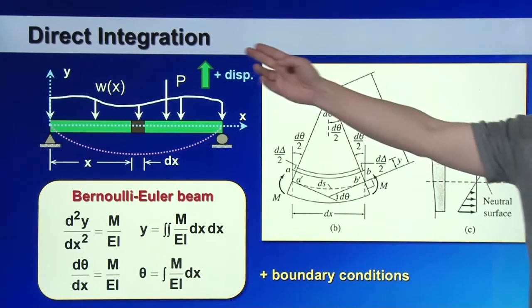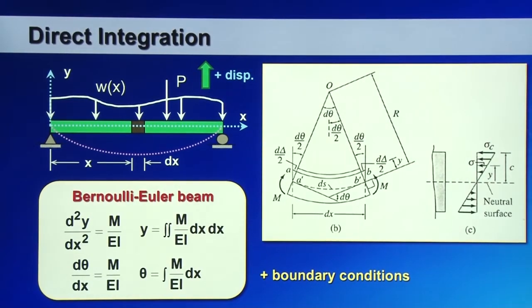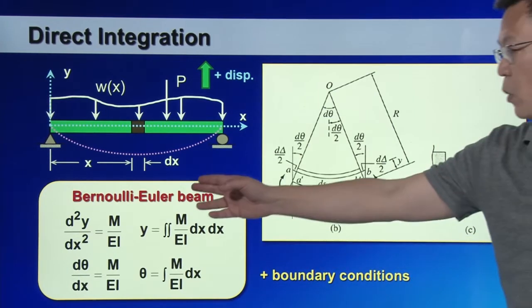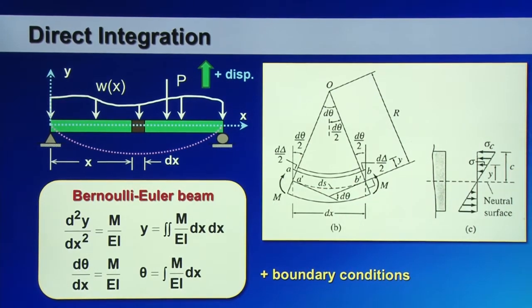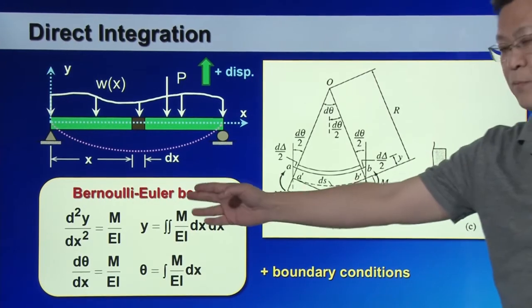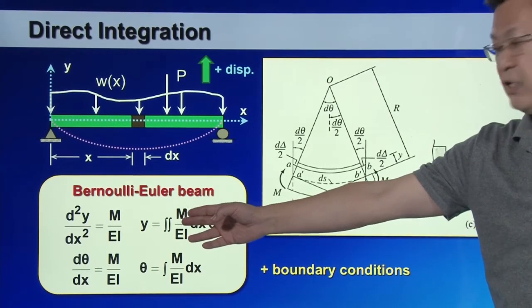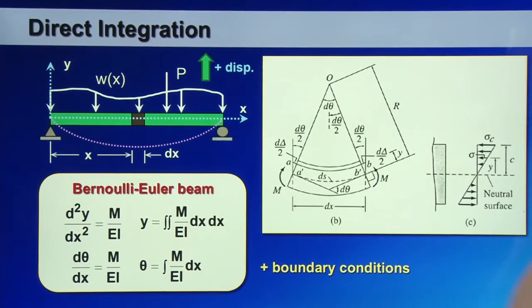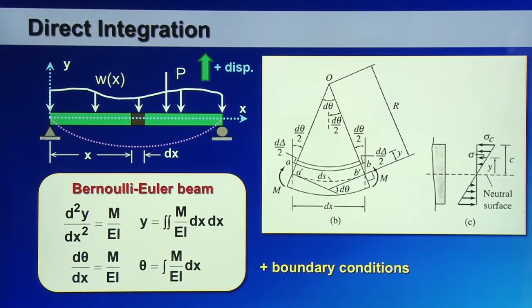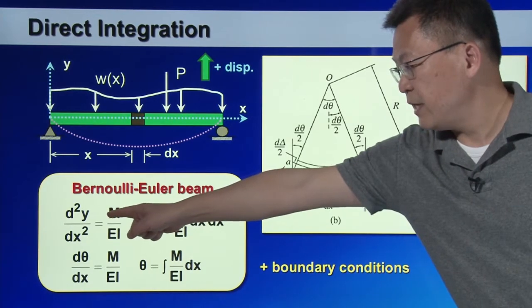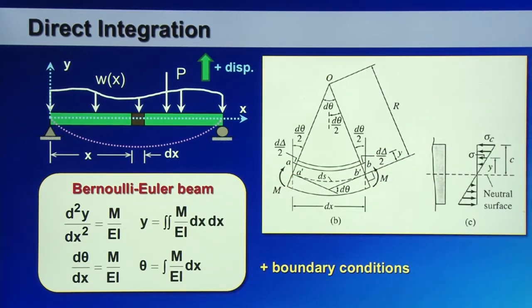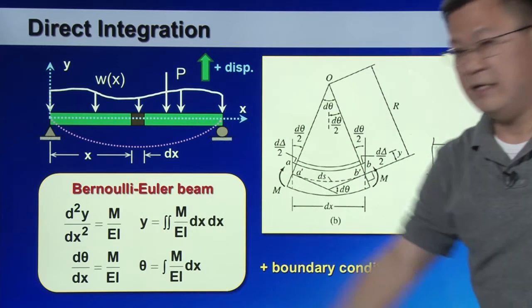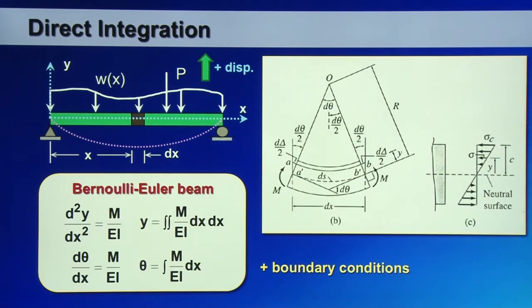First, direct integration. Direct integration uses the Bernoulli-Euler equation that we have seen before. Basically, it's the moment curvature equation: d squared y over dx squared equals M over EI. So y is the displacement, M is the bending moment, and EI is the bending rigidity of the structure.